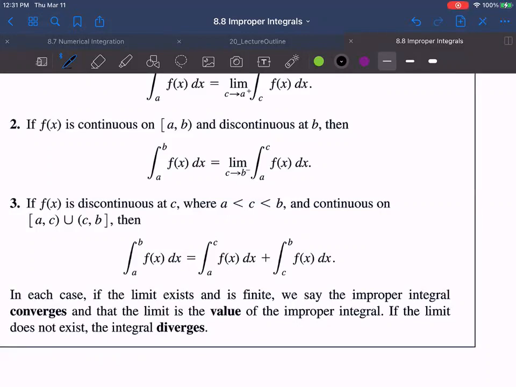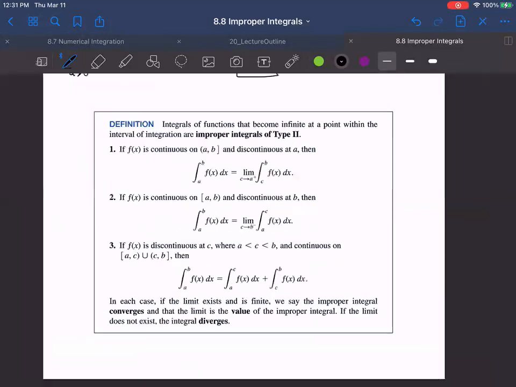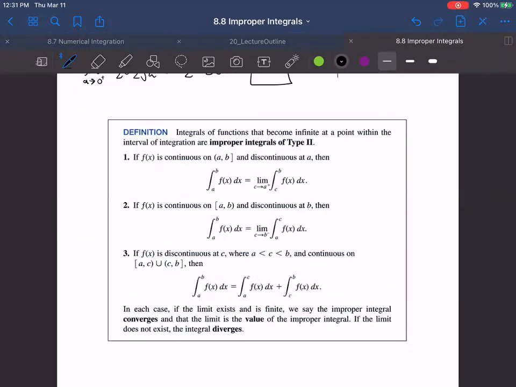So you're putting together rules, the versions 1 and 2 up there. In each case, if the limit exists and is finite, we say the improper integral converges, and the limit is the value of the improper integral. If the limit does not exist, the integral diverges and we're done.